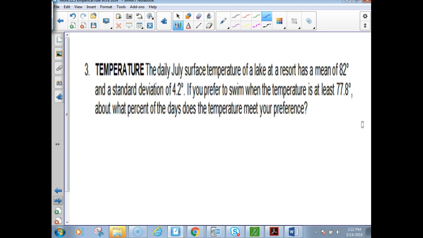Temperature. The daily surface temperature of a lake at a resort has a mean of 82 degrees and a standard deviation of 4.2 degrees. If you prefer to swim when the temperature is at least 77.8 degrees, about what percent of the days does the temperature meet your preference? All right, might as well do a little sketch.